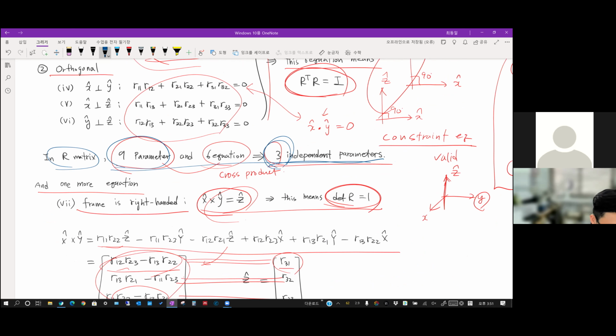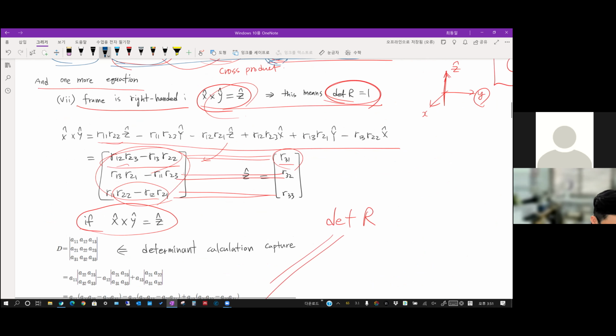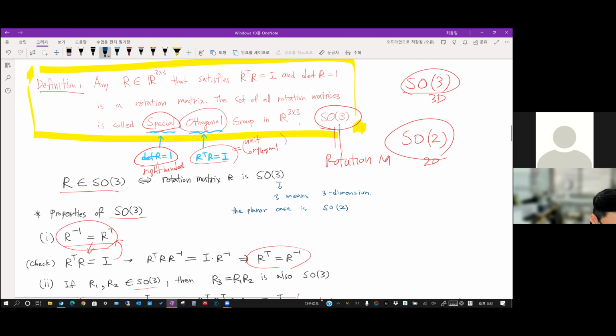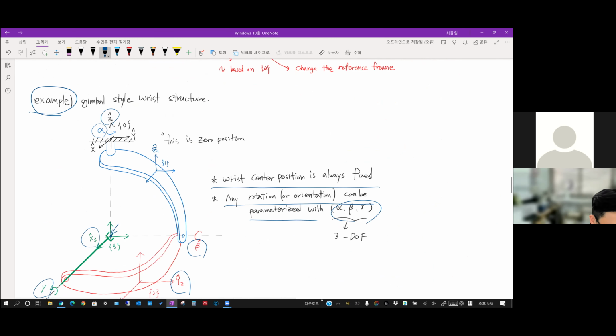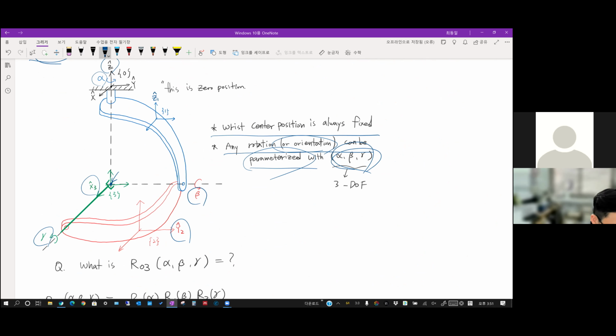Because the independent variables are 3, when we represent the orientation, we can parameterize it with 3 different angles.